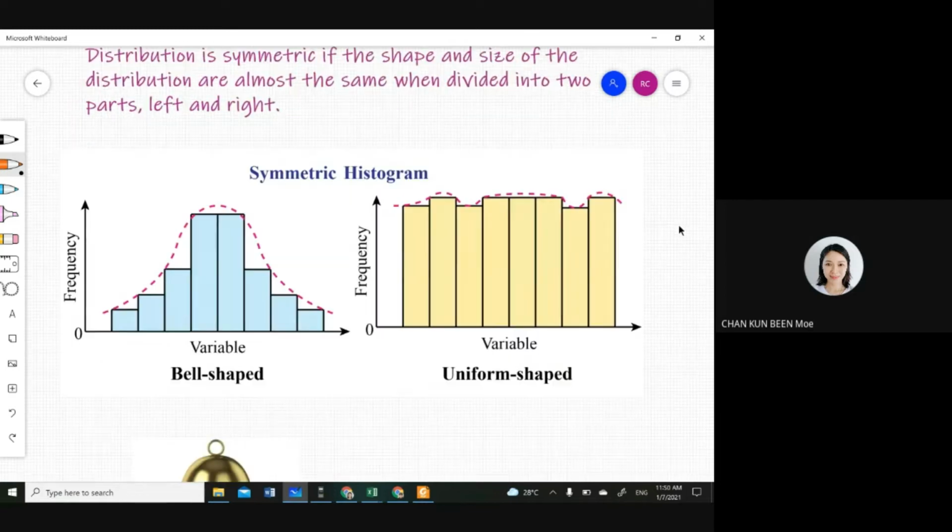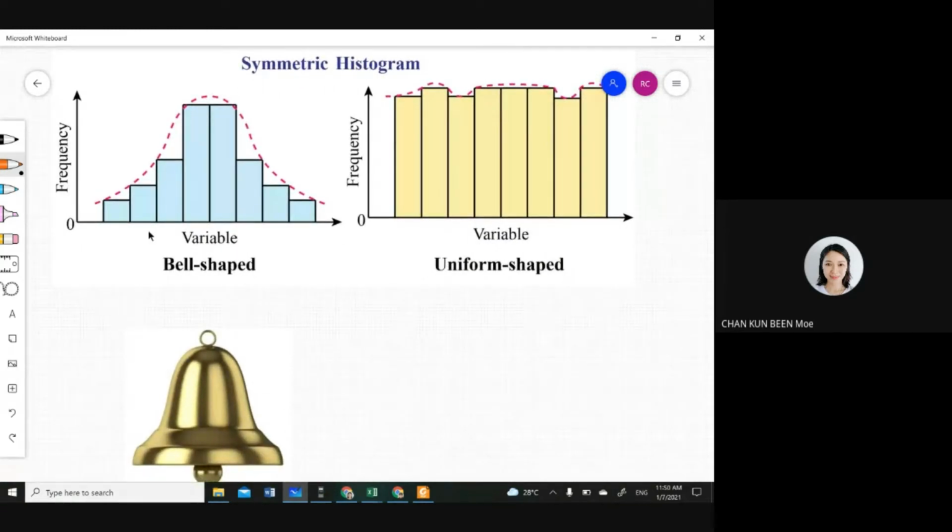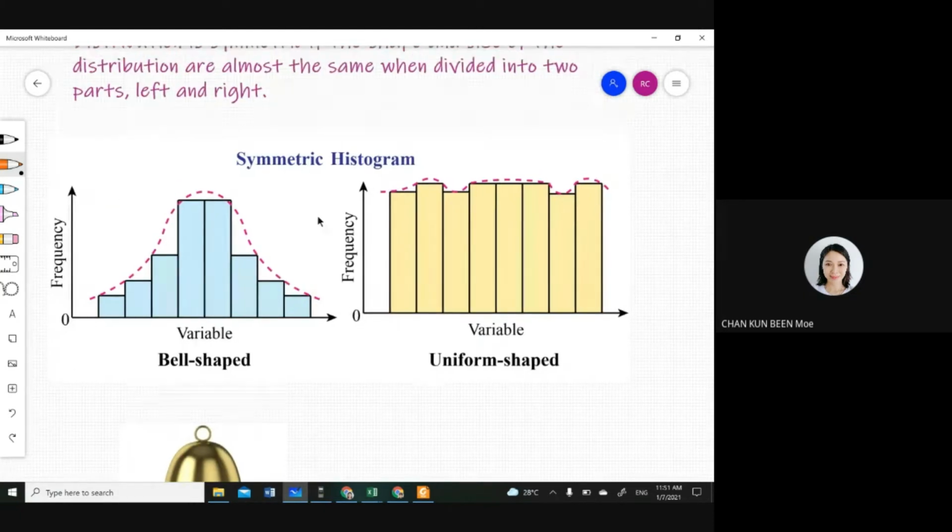The first diagram there, we called it the bell-shaped histogram because it looks like the shape of the bell, like this one. Okay, and then the second one, we called it uniform-shaped histogram. The shape is almost uniform. So you remember this word, okay, bell-shaped and also uniform shape. They are under the category of symmetric histogram because they look almost the same when divided into the left and the right.